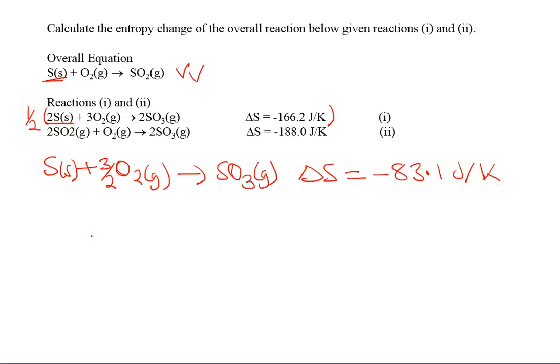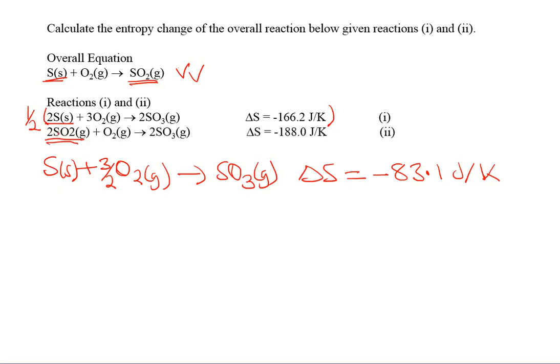For reaction 2, what do I look at? I'll look at this sulfur dioxide. This one has sulfur dioxide here. It also has sulfur dioxide here. But we have 1 sulfur dioxide here. We have 2 sulfur dioxide here.